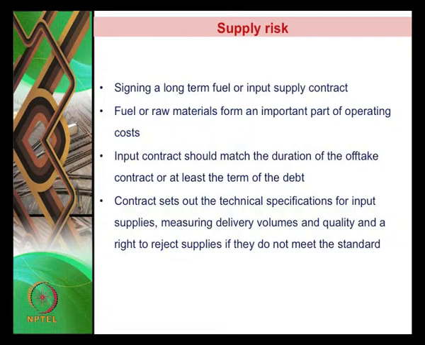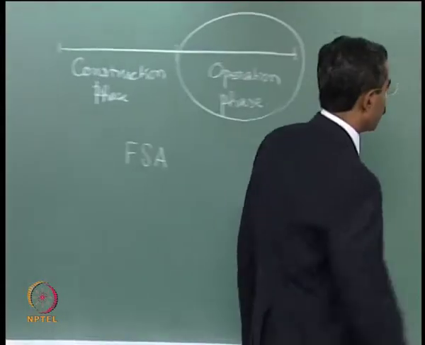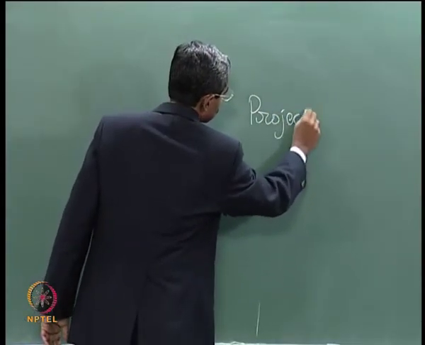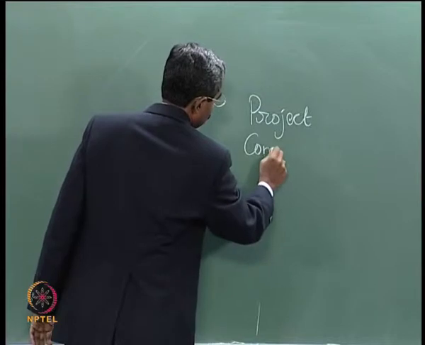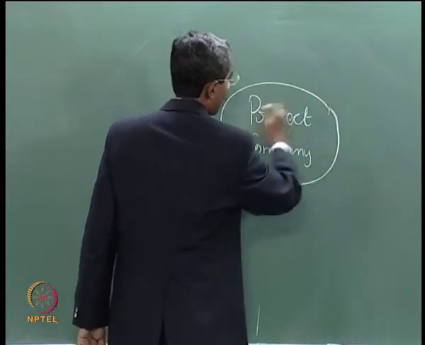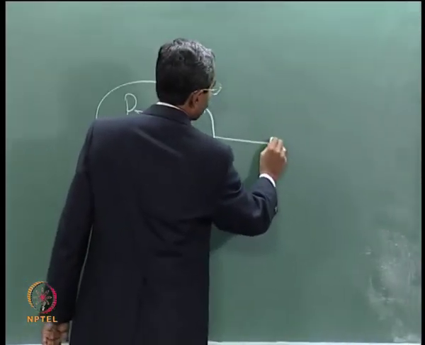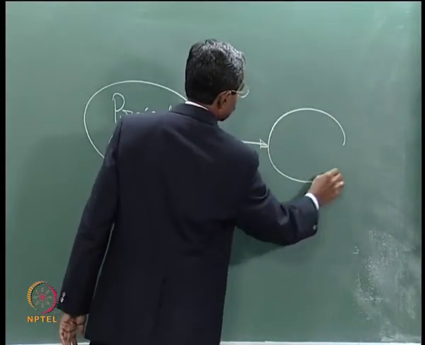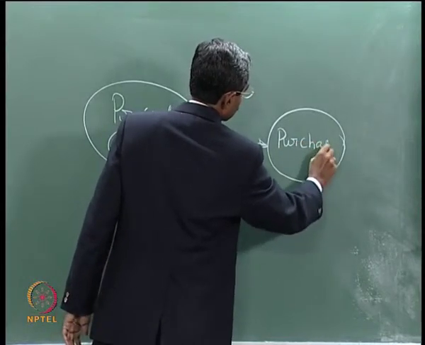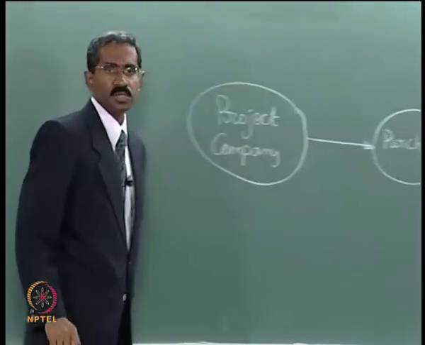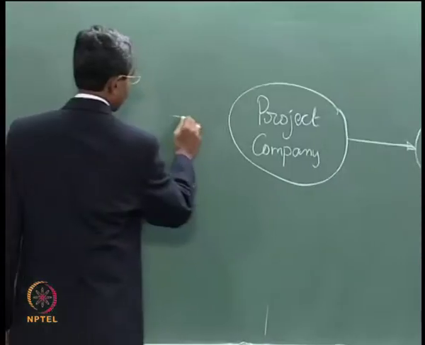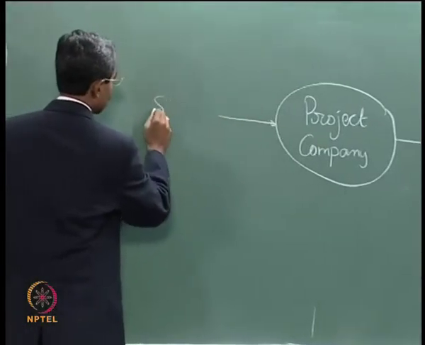For example, you have a project company, and then you have your purchaser, who purchases the products or services generated by the project company, and then there is a supplier.